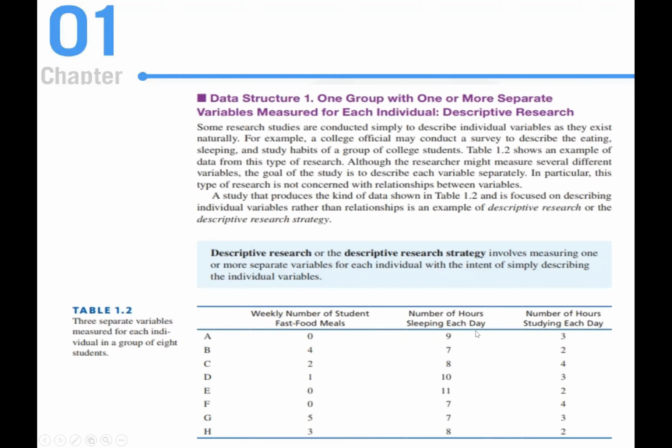The number of hours that they slept each day is also part of our descriptive research. Again, we didn't alter anything, we didn't change anything, we just described what was occurring in its natural state for each of these variables. And that's going to be descriptive research. We're just describing, all right?